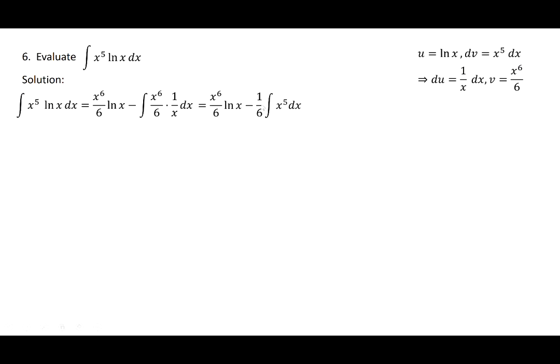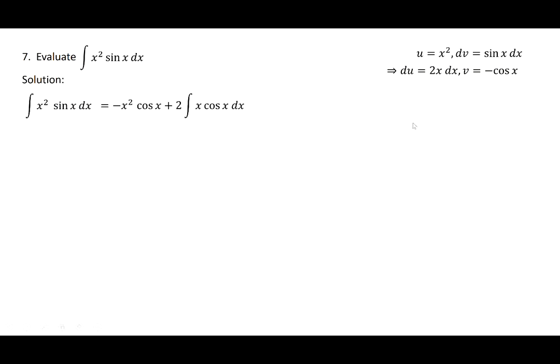And so we end up with 1/6 integral x to the 5 dx. What's integral x to the 5 dx? X to the 6 over 6. So the next step, we'll replace integral x to the 5 dx with x to the 6 over 6 and simplify this, and we get this. Cool? All right.